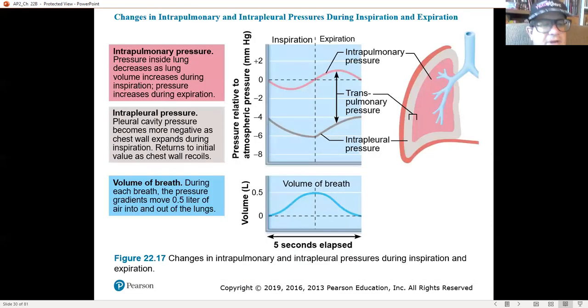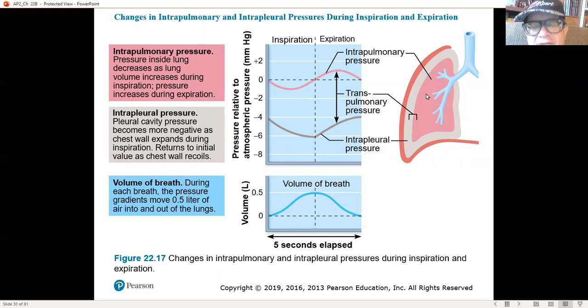All right, so here we go. What's happening to the three pressures? Atmospheric pressure, we're assuming, is the same. If the intrapulmonary pressure goes up, high pressure here, high pressure in the lungs, nice and pink.